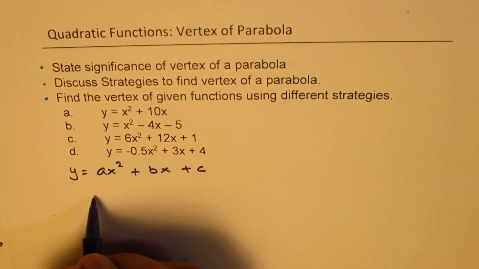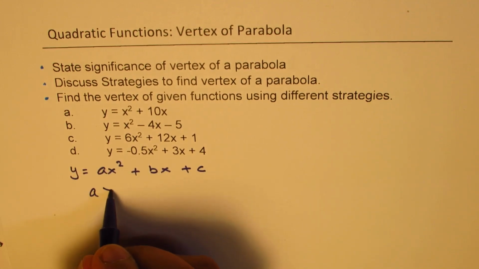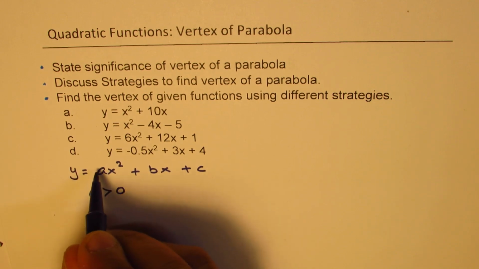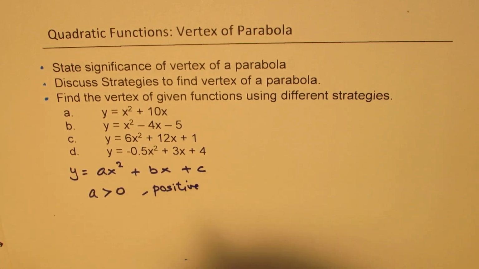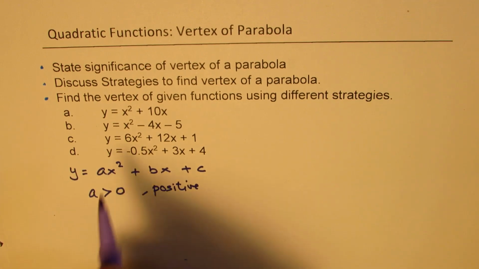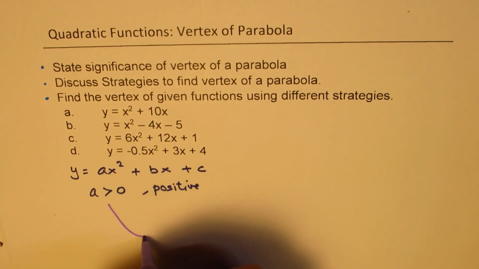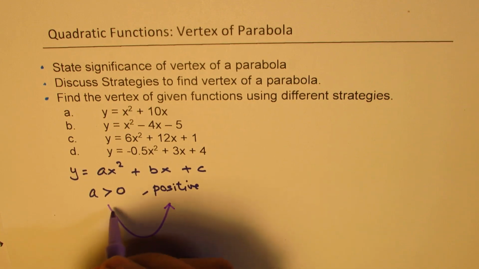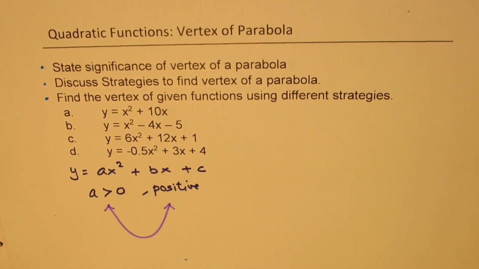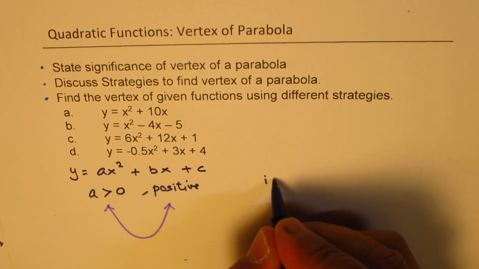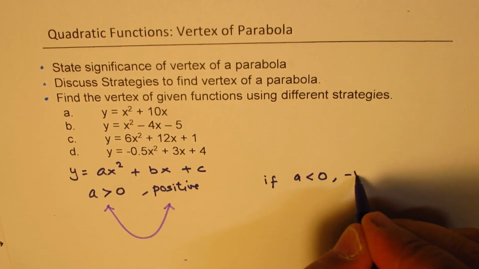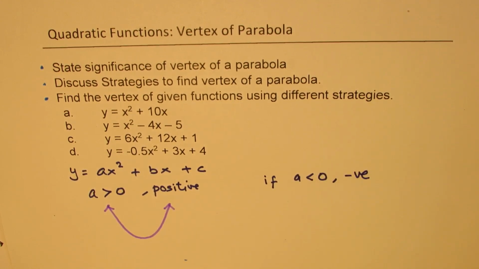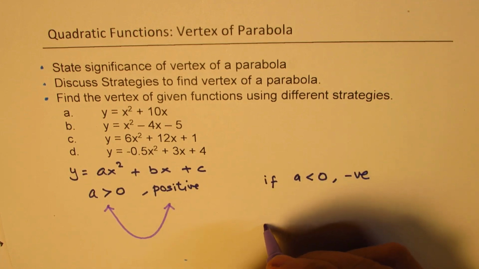Now, if the value of a is greater than 0, that means it is positive, then the parabola will open upwards, right? And if a is less than 0, that means it is negative, then the parabola will open downwards.